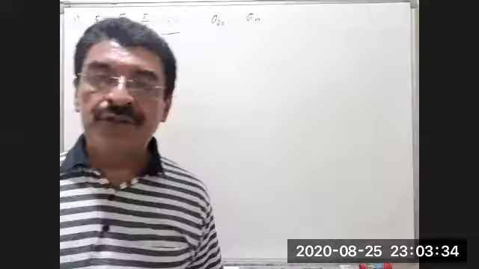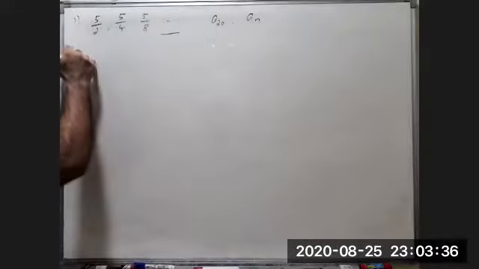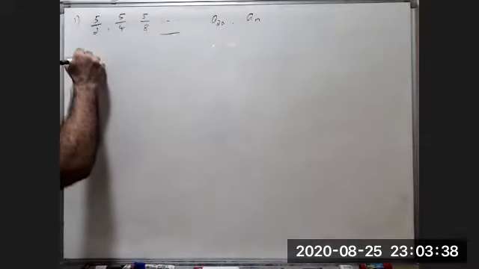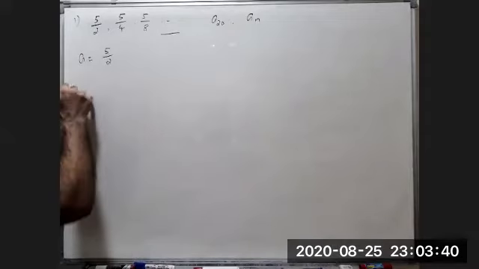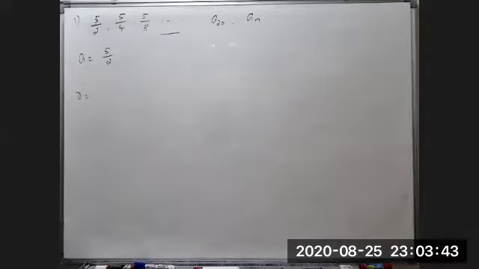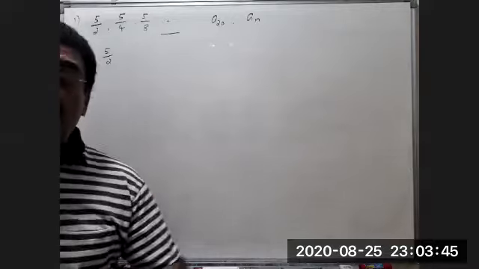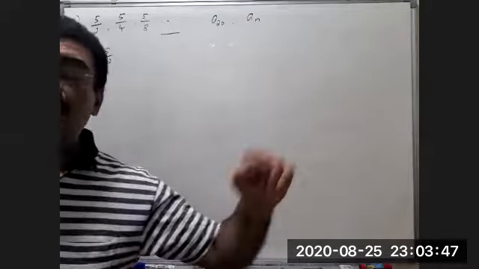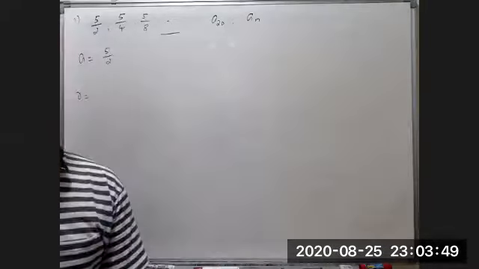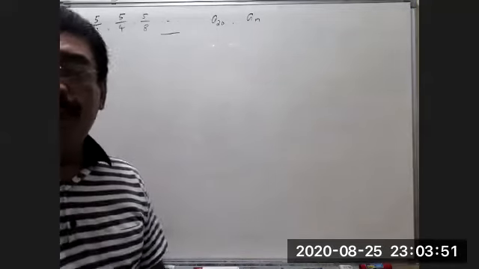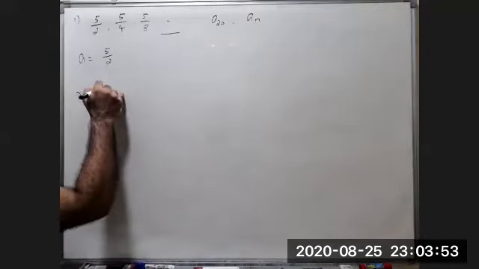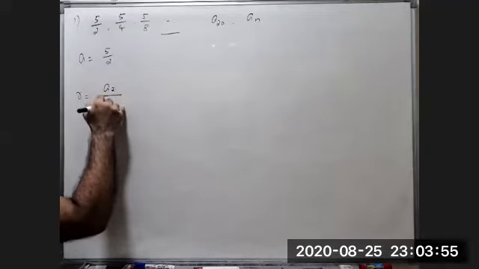So in all such questions, write the first term A and the common ratio. For an AP, the common difference is A2 minus A1, second term minus first term. For a GP, the common ratio is A2 divided by A1.